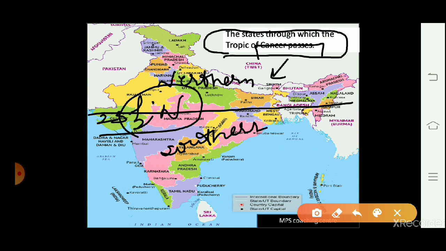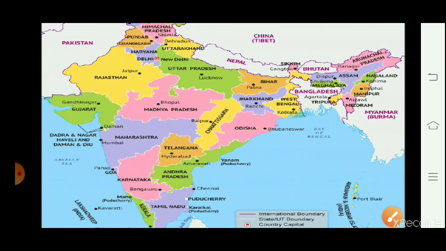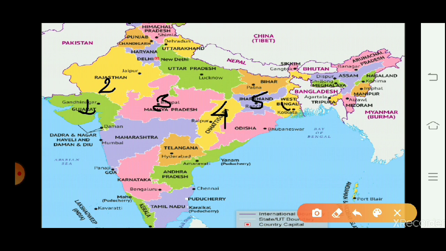This latitude passes through 8 Indian states, and these 8 Indian states are Gujarat, Rajasthan, Madhya Pradesh, Chhattisgarh, Jharkhand, West Bengal, Tripura, and Mizoram. So we have to draw this latitude passing through all these states from west to east.